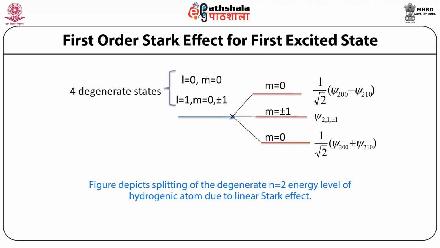This figure depicts splitting of the degenerate n equals 2 energy level of hydrogenic atom due to linear Stark effect, which shows that there are 4 degenerate states: l equals 0, m equals 0, and l equals 1, m equals 0 and plus or minus 1. It splits into 4 different states, like m equals 0, m equals plus or minus 1 and m equals 0. The corresponding wave functions are tabulated on the right hand side.